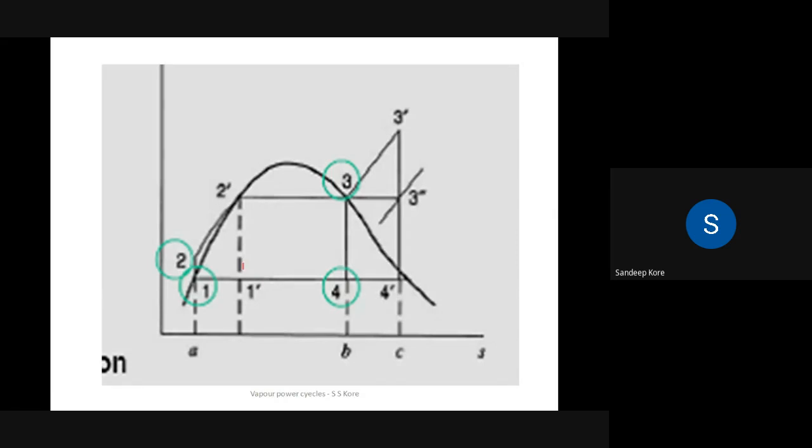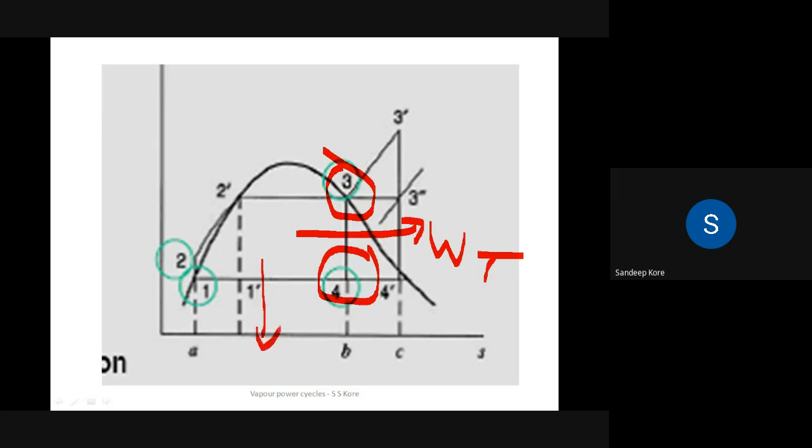Amount of heat rejected in the condenser. See, these are the processes, and against each process, the enthalpy changes have to be written in the formula. Suppose turbine work WT is H3 minus H4, amount of heat rejected by condenser, process is 4 to 1, so H4 minus H1, heat supplied H3 minus H2.